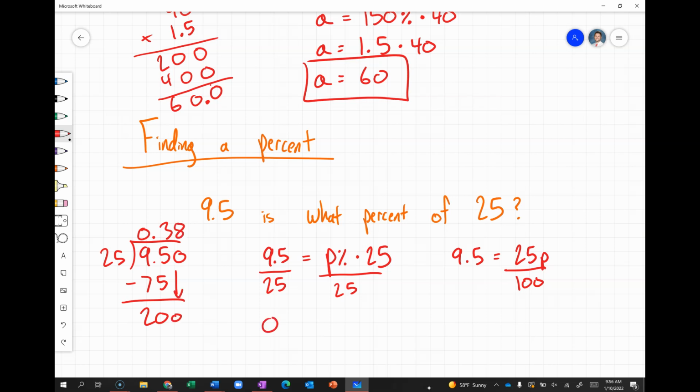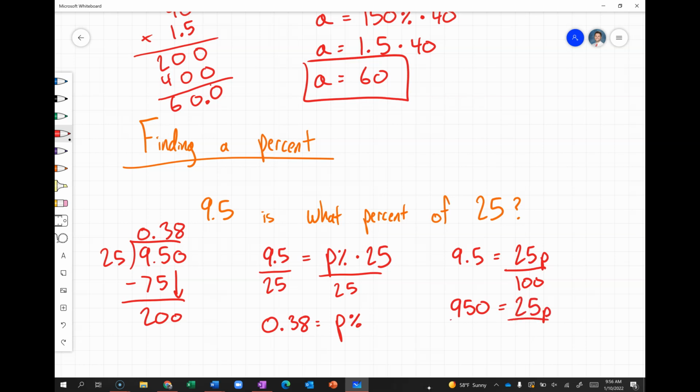We get 0.38 equals P percent, right? Or if we work on this one over here, to solve this equation on the right, the first step would be to multiply by 100. So you've got 9.5 times 100, which would be 950 equals 25P.